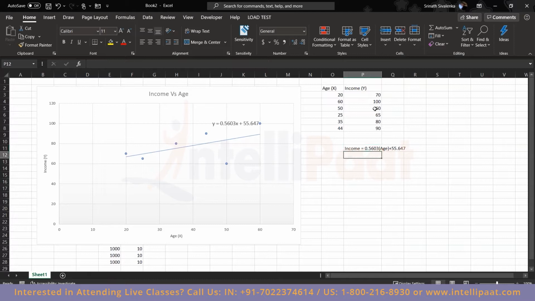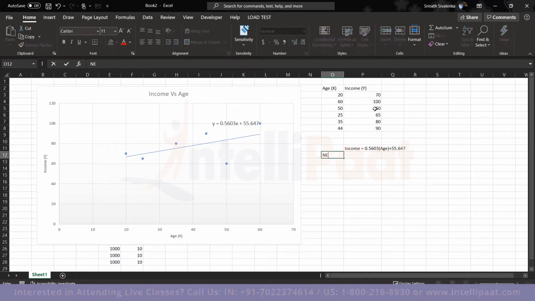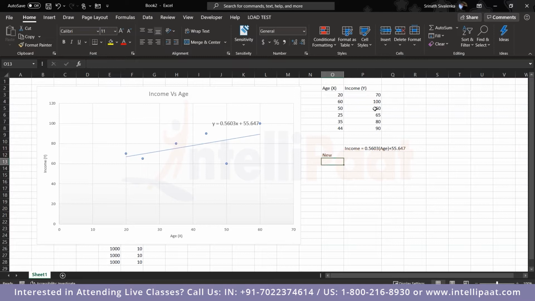So if I would like to compute, let's say this is my test set or new data for, let's say, ages. Let's do it for new data points. Let's say 56 and 75, and let's say I have one more age, which is 23.